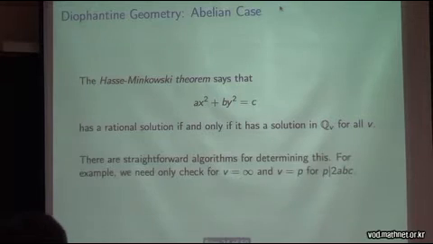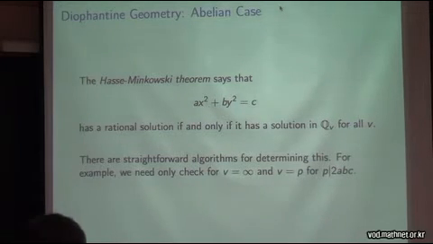Furthermore, you know that as far as the existence of solutions inside these completions is concerned, there's even a straightforward algorithm for determining this, right? So this is the harmonious part of this theory. This theorem says that you only need to check locally at all the completions, and for each completion, it's possible to deterministically check whether or not there are solutions.